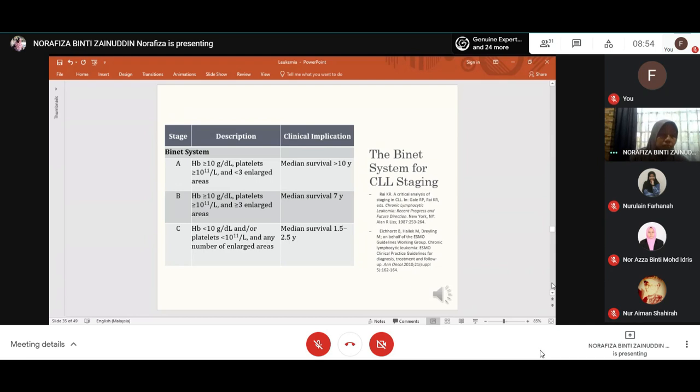In stage C, the hemoglobin concentration is less than 10 grams per deciliter, and the platelets are also decreasing, less than 10 to the power of 11 per liter.